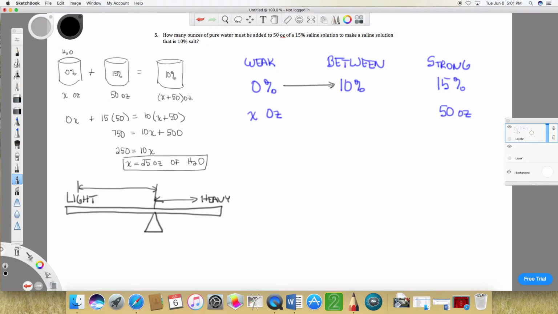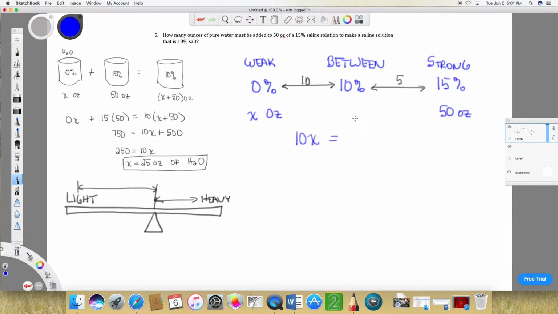So the distance between this 0% and 10%, the difference, 10 minus 0 is 10, and the difference here, 15 minus 10 is 5. So we're going to take this volume here, this x, and multiply it by 10.